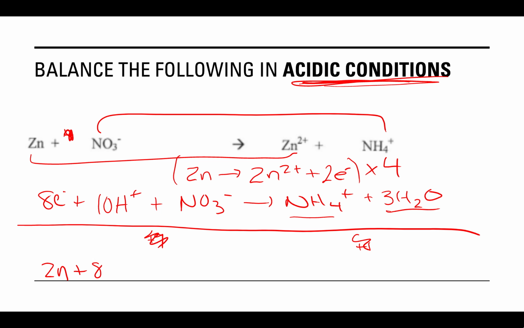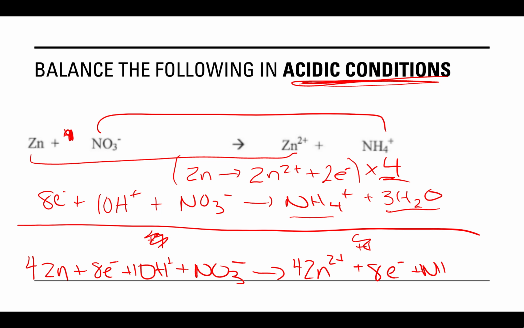So 8 electrons plus 10 hydrogens plus NO3 negative. And that will move me to my products. And I have, oh, sorry, that 4 meant I had 4 zinc. And so on this side, I have 4 zinc ions plus 8 electrons plus NH4 positive plus 3 water molecules.